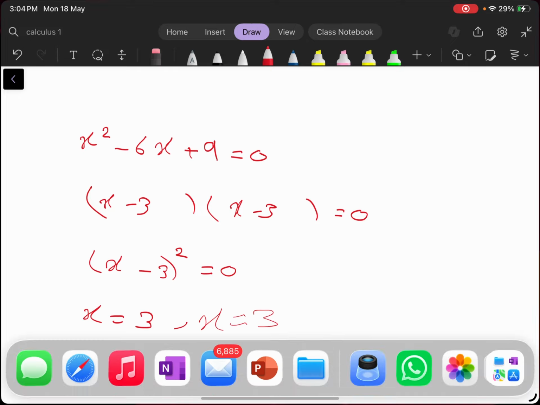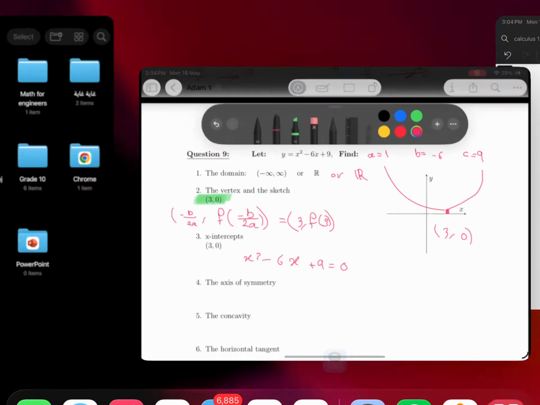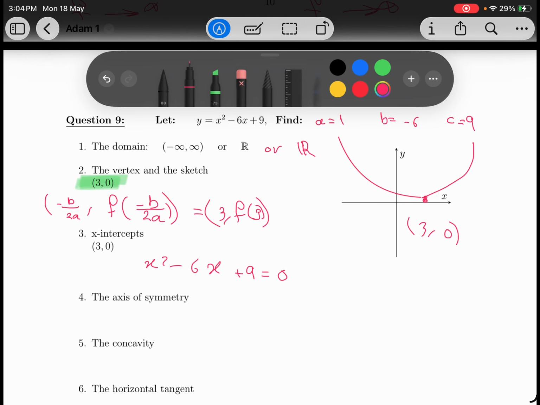Does that make sense? Yes, of course, this root is repeated. That's why, guys, this function is bouncing on the x-axis at this point 3 and 0. So we call this sort of intersection between the graph and the x-axis bouncing, okay? This is how we call it.